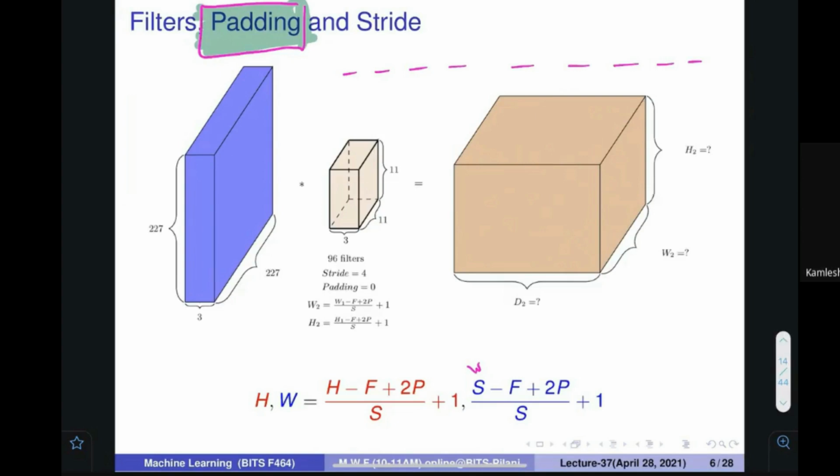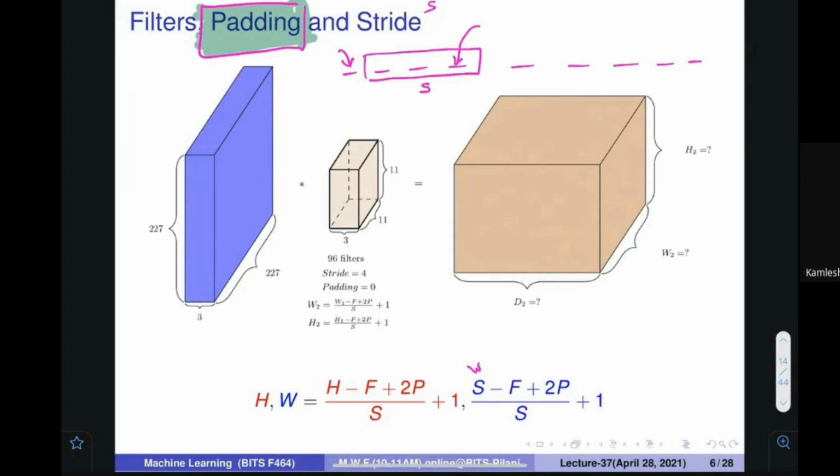So when you put your filter over here, you are going to get a value. But if the stride is s, let's assume that stride is something that has a value, then you are going to consider s things over here. And for these s things, at this particular location, you are going to get a value.